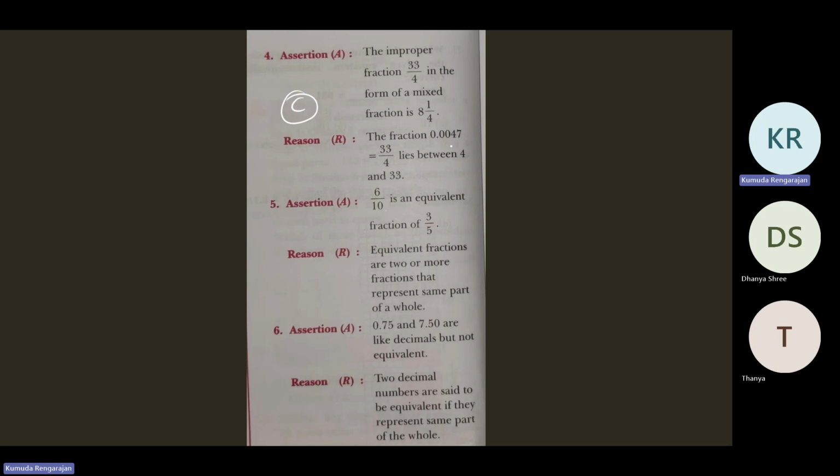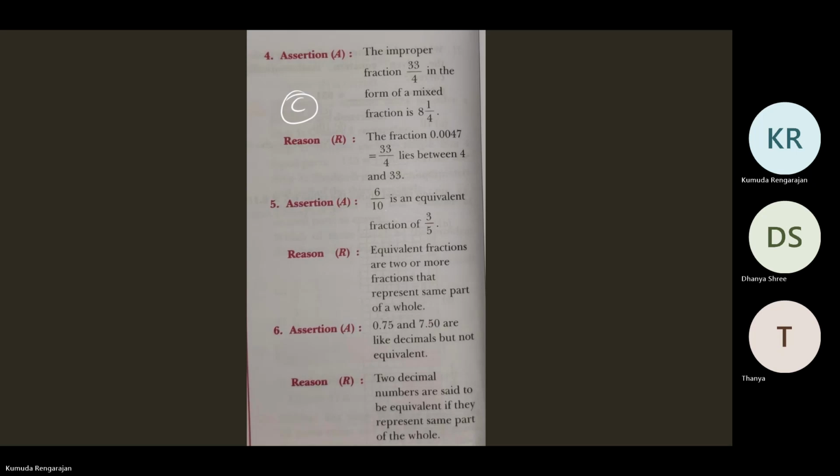That's wrong, right? 0.0047 is not 33 by 4. So this is false. So D. I'm mixing the questions, I think. This is assertion reasoning for the fourth one.